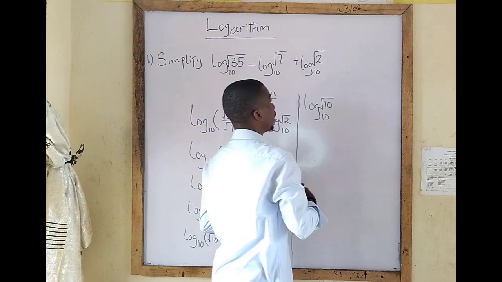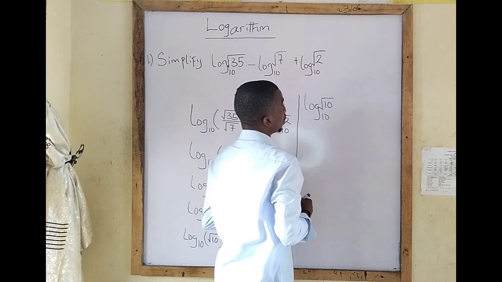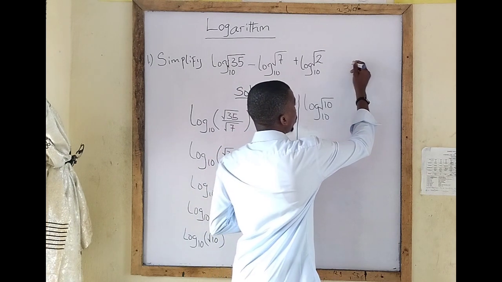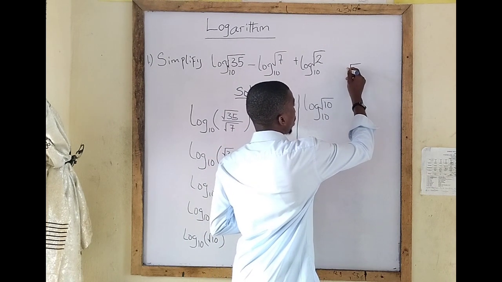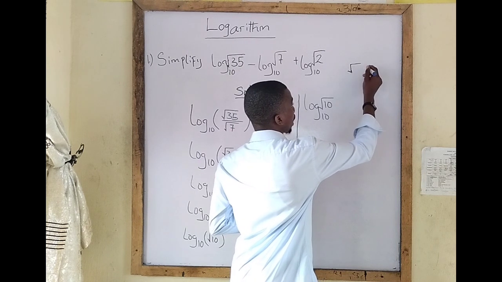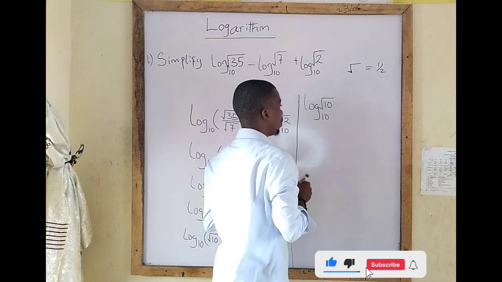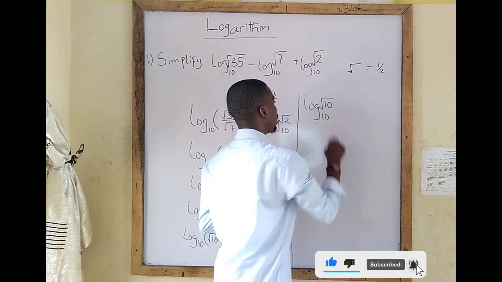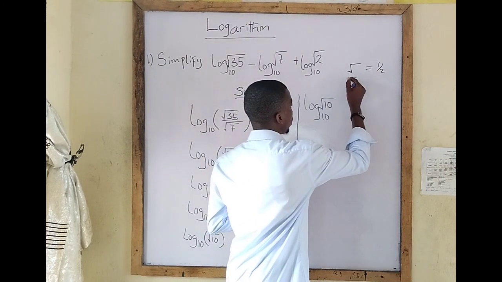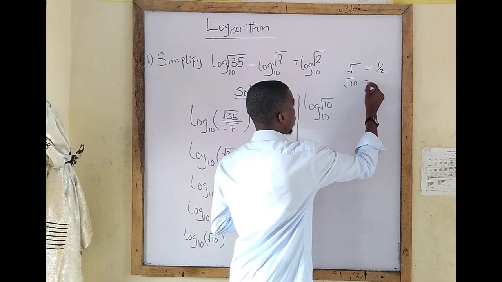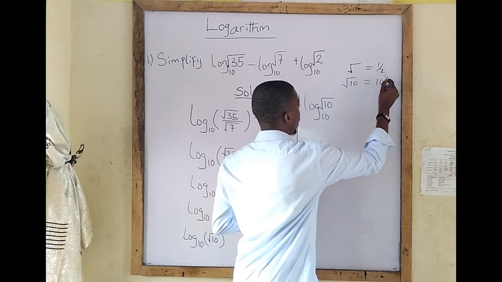From our rule of indices, we know that our square roots can be written as a half. So root 10 can be written as 10 raised to the power of a half.